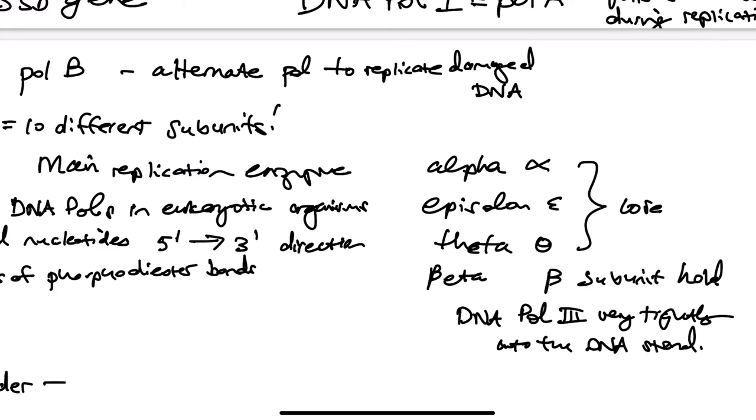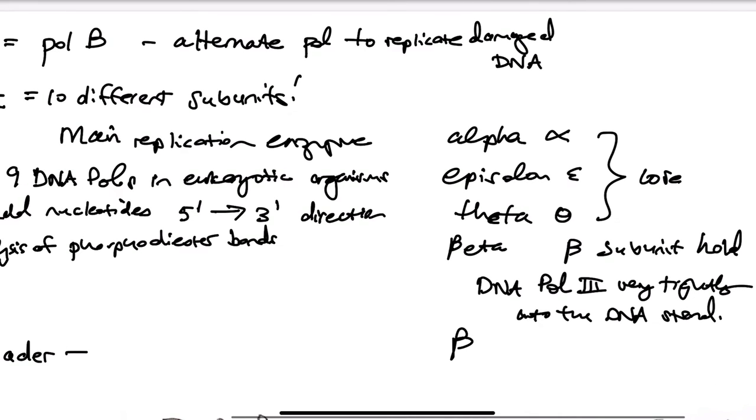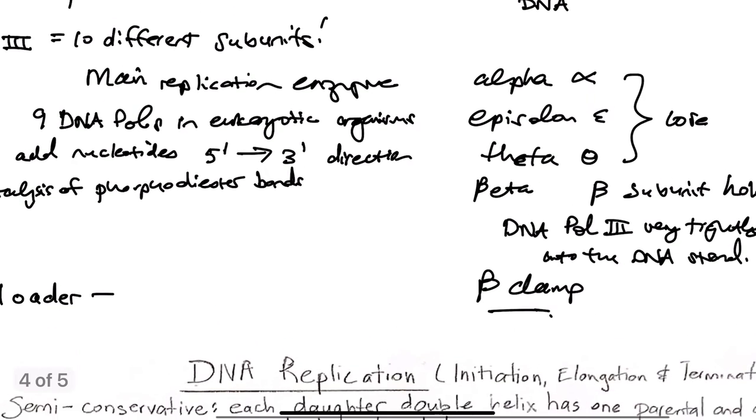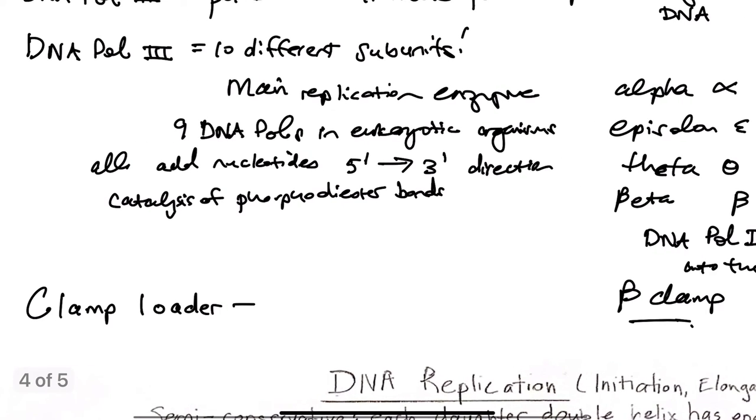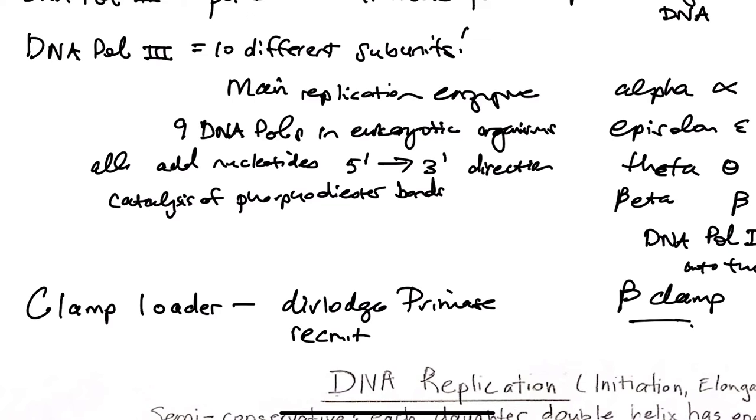That's why it's referred to as a beta clamp in our diagram. The clamp loader is a structure that will help to dislodge the primase once it is ready to be released, and then it will also help to recruit a beta clamp, a subunit from pol 3. So it's going to take off the primase and then make sure that the pol 3 is firmly attached with a beta clamp subunit.